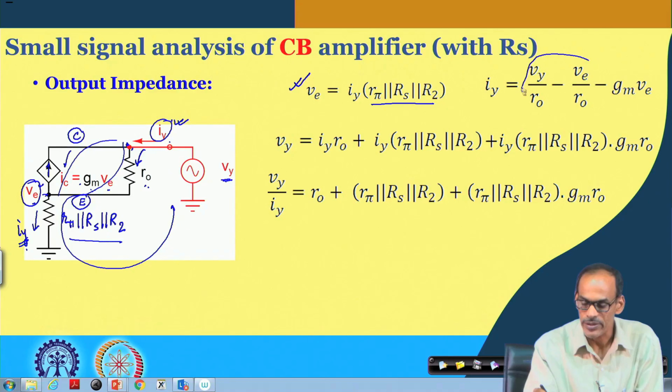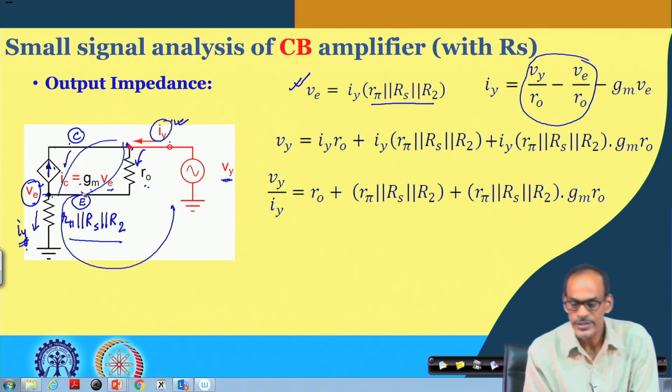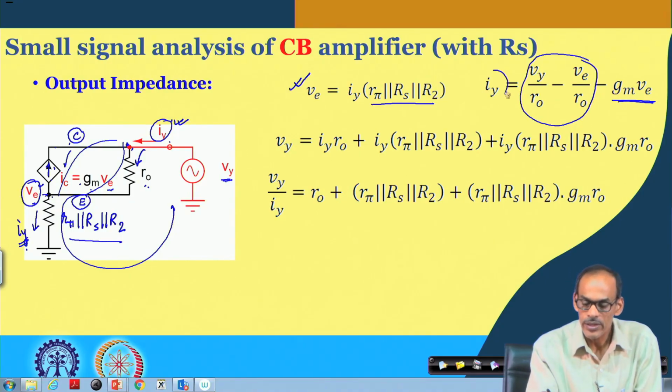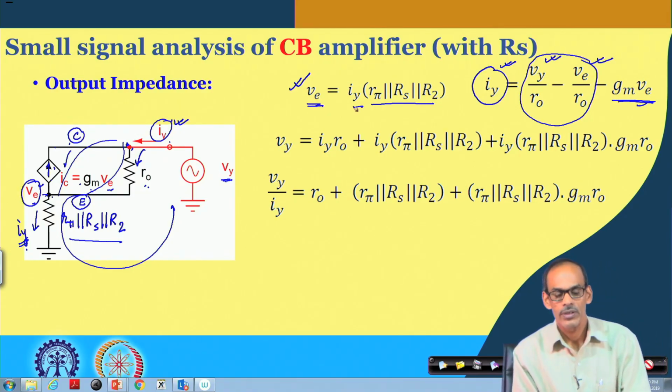Then the current in this direction, from emitter to collector, is G m into V e, or from collector to emitter, it is minus G m into V e. So, I y has this expression. What we have here is I y written in terms of V y and V e, whereas V e is written in terms of I y.